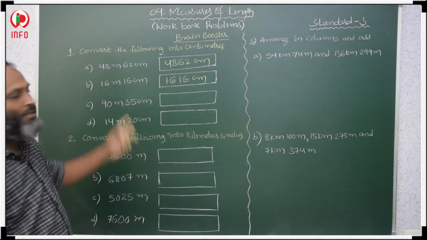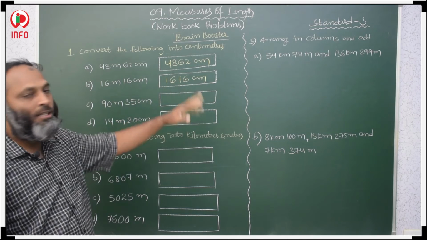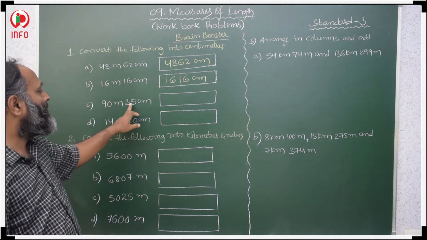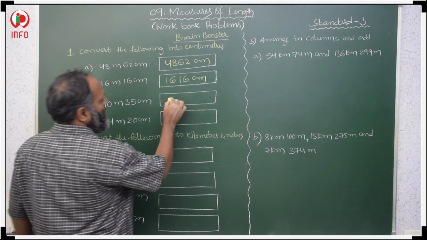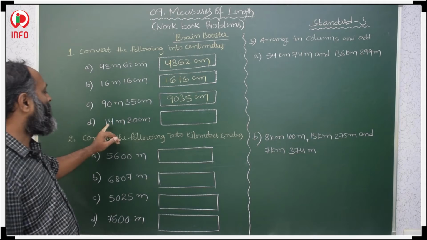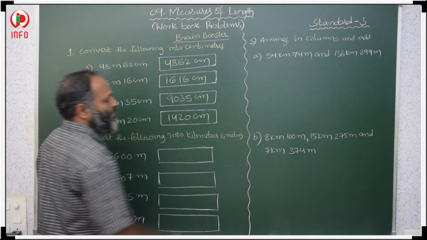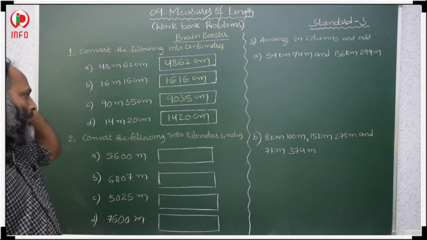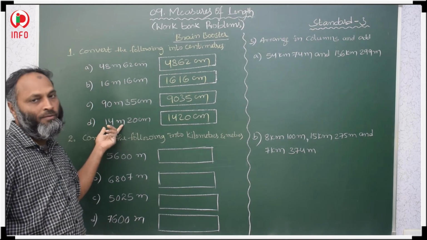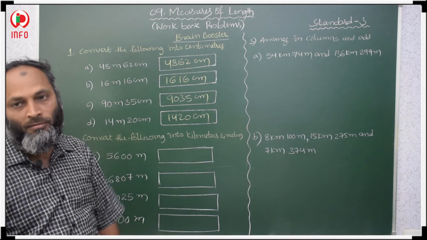If you multiply meters with 100, then you get 1600, plus 16, 1616. Then 90 meters 35 centimeters means 9035 centimeters. Now, 14 meters 20 centimeters. The procedure is we multiply 14 with 100, 1400, plus 20, 1420 centimeters.